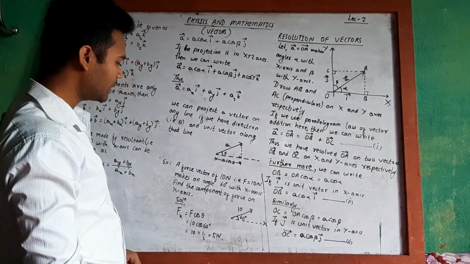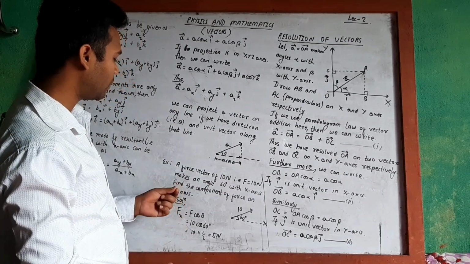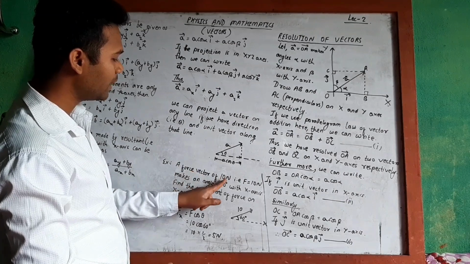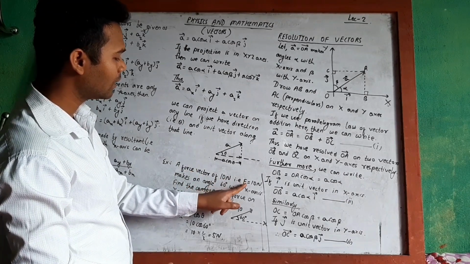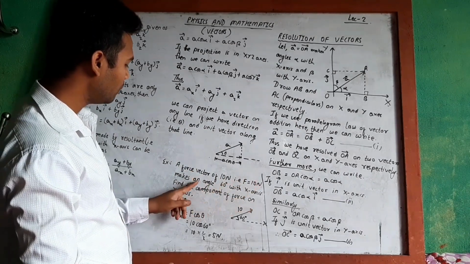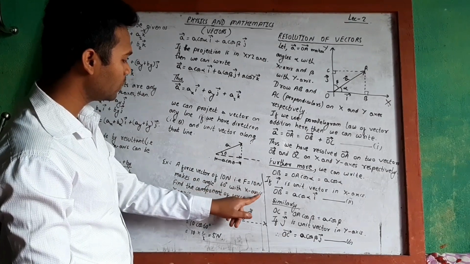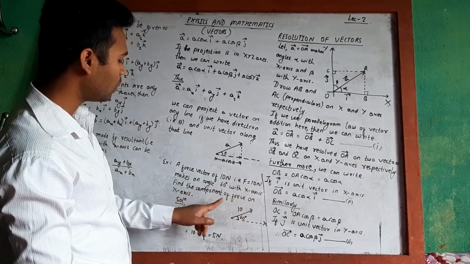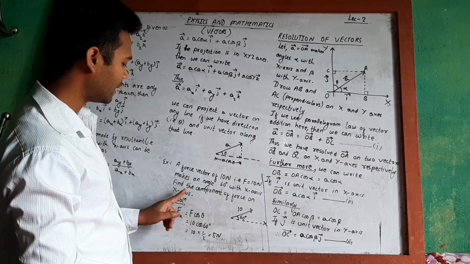Okay, now let's take one example. A force vector of 10 Newton, that is F is equal to 10 Newton, makes an angle of 60 degrees with the x-axis. Find the component of the force on the x-axis.